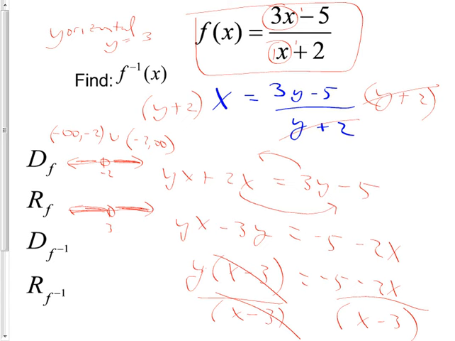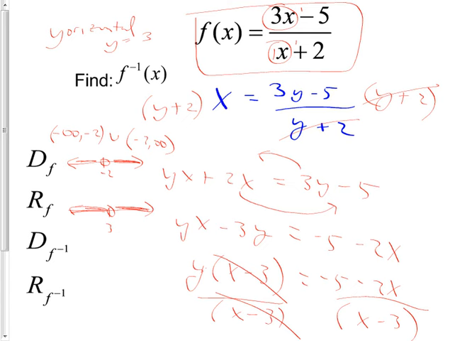Yes. What if there was no y? Oh, if it was bigger on top, then there's no asymptotes, which means that the thing will go forever. Infinity, negative infinity, positive infinity. Yes.